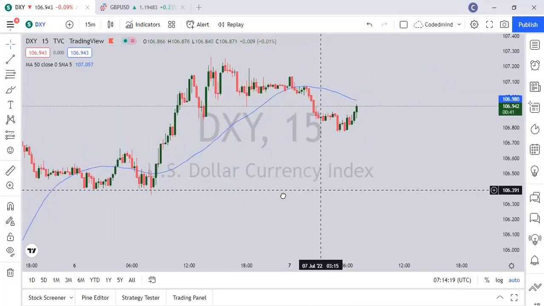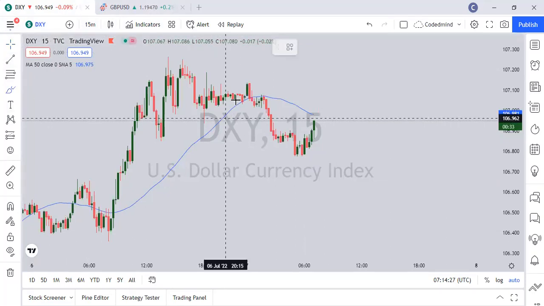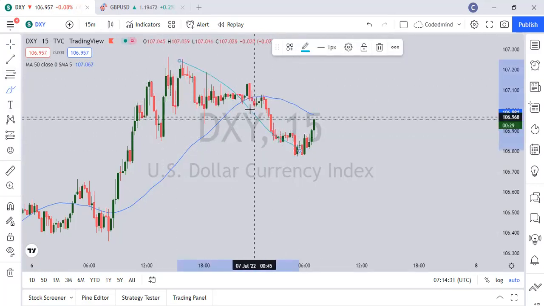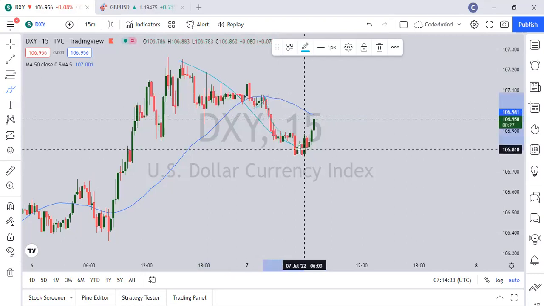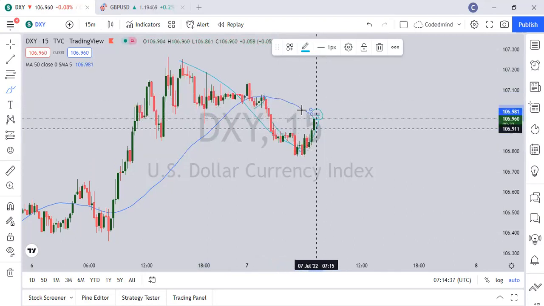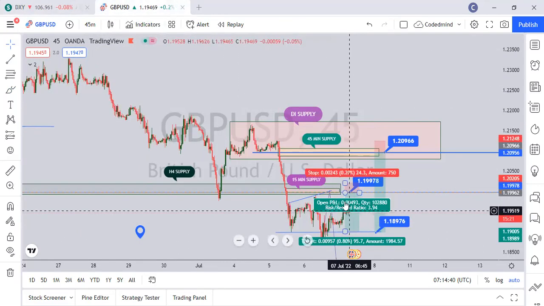So here on 15 minutes, you can see that due to what is happening here, price broke through over here, retested, and then fell. Now price is retesting this area. This is why you can see GU fell currently.